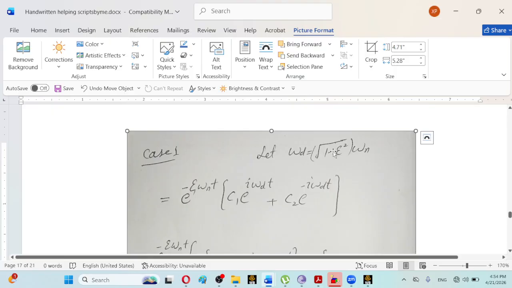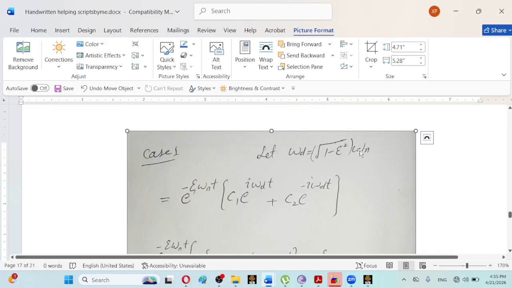If this term were equal to 1, then omega d would be equal to omega n. But if it is less than 1, that means omega n is greater than omega d. So the natural frequency is greater than the damped frequency.